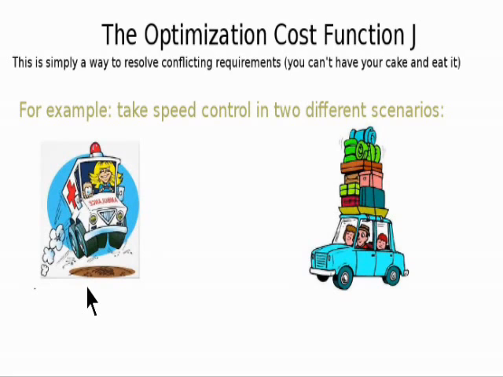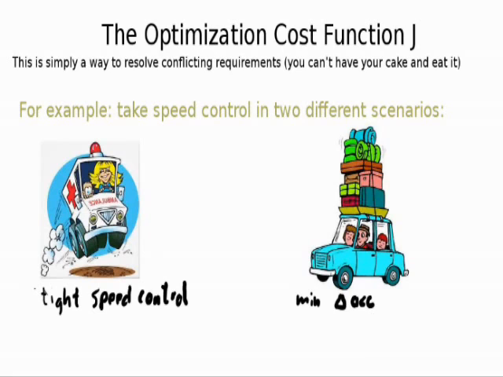The left-hand side, the control objective is to have very tight speed control. On the right-hand side, the ultimate objective of not running out of fuel translates into a control objective of minimizing changes in the accelerator pedal.